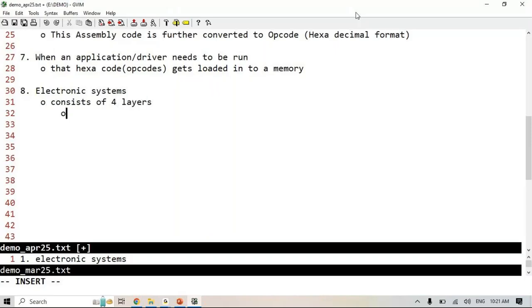What are the four layers? Hardware, firmware, OS. What is the responsibility of a VLSI engineer? Only to develop the hardware.